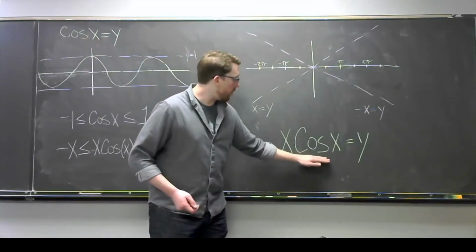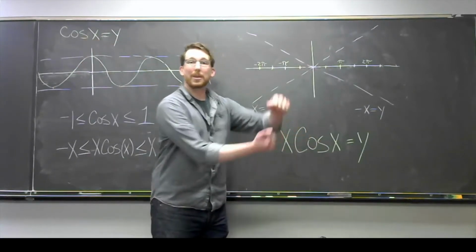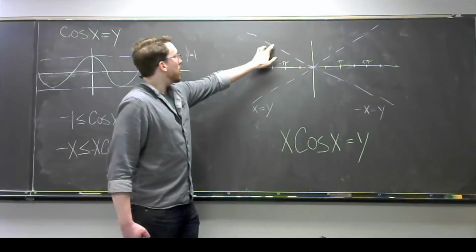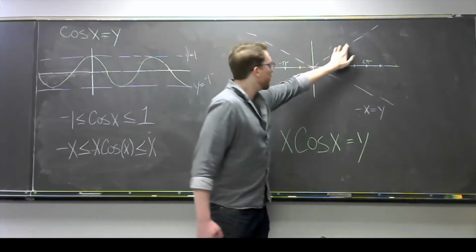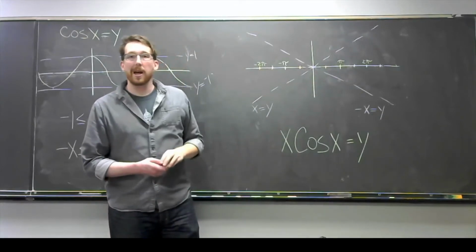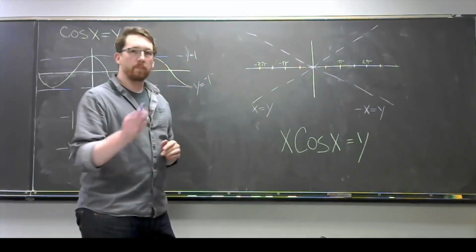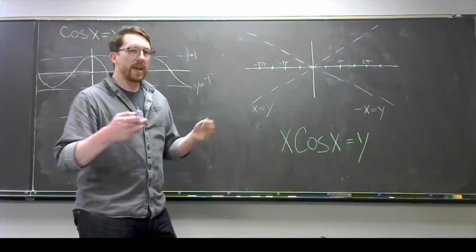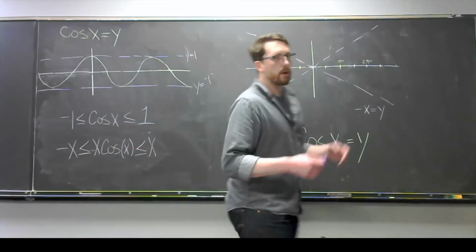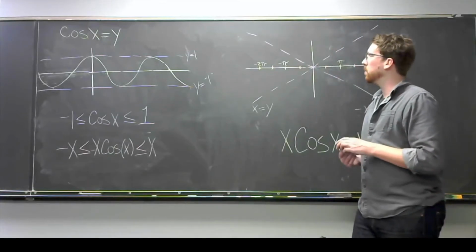That our cosine of x is going to be stretched to touch these lines at intervals of pi. Okay, so knowing that, looking at that, what else might we know? Let's hold on to that for a second.